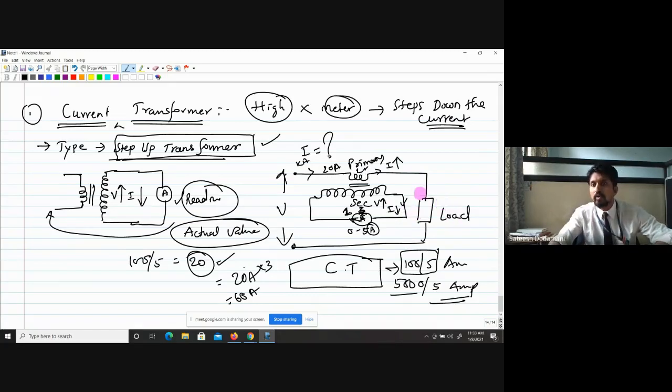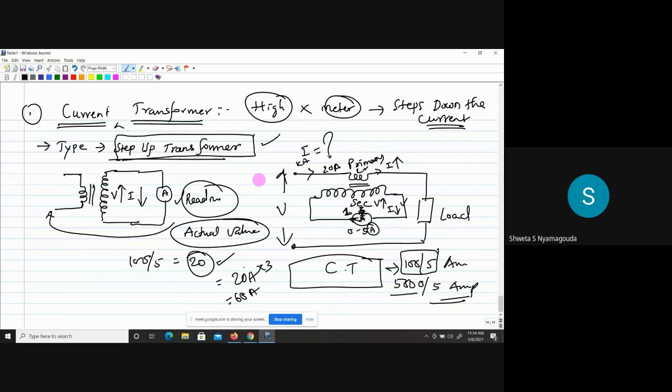In this way, you measure high current with the help of a current transformer. A current transformer is nothing but a step up transformer. Is it clear?